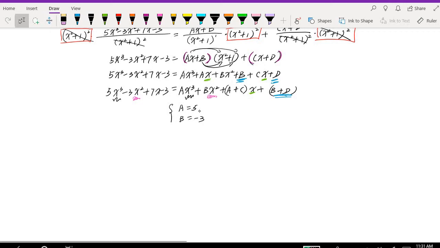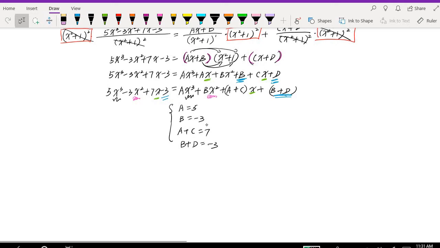And then the next, we're going to match the x, which is, if you look right here, the coefficient is 7. So we're going to have a plus c equal to 7. And then the last piece, that will be b plus d, that's the blue color. That will be equal to this side, that is -3. So that is how to set them up.